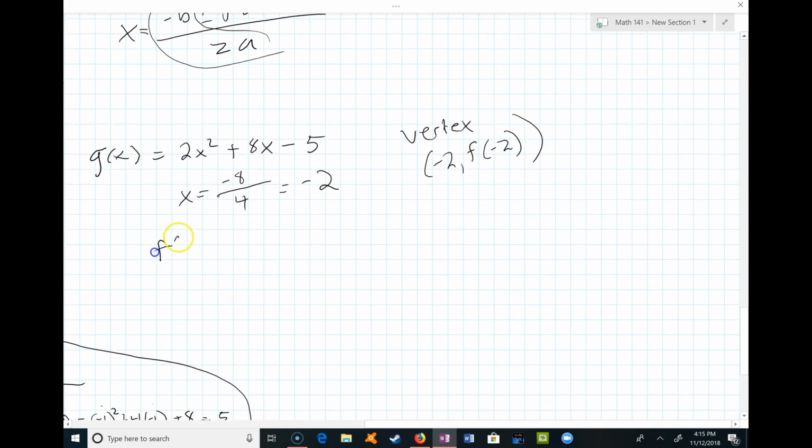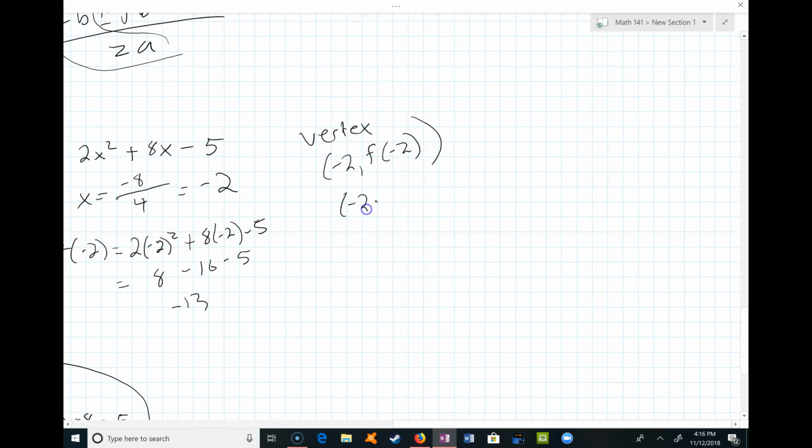And the function evaluated at negative 2 is 2 times negative 2 squared plus 8 times negative 2 minus 5. So that would be what? 8 minus 16 minus 5. And that would be negative 8 minus 5 is negative 13. So the vertex of this thing is going to be negative 2 comma negative 13.